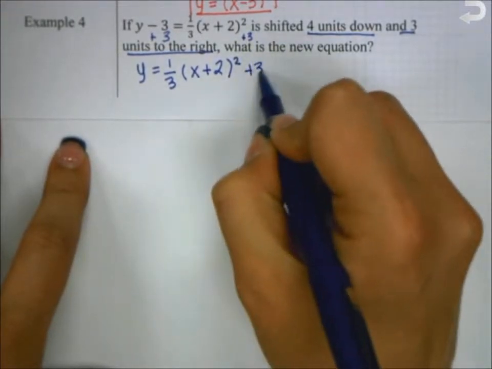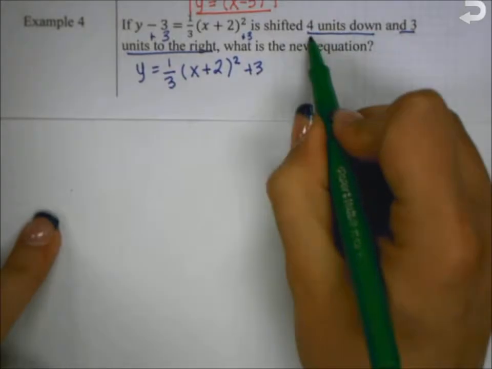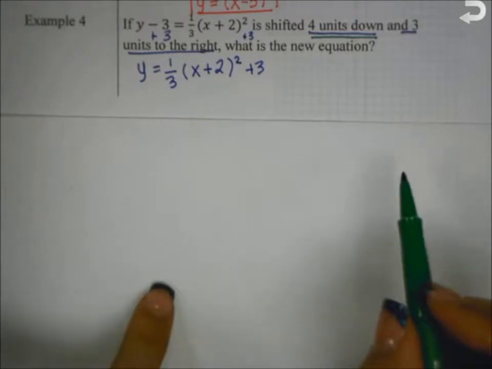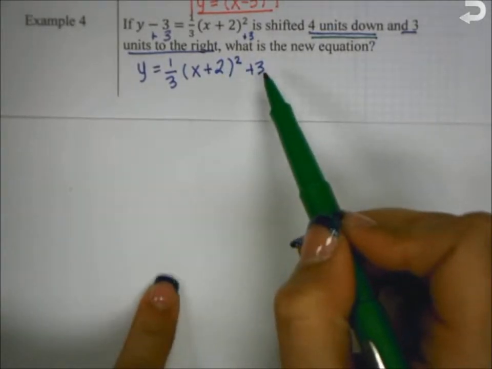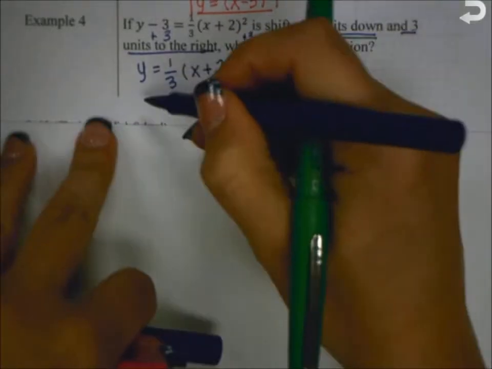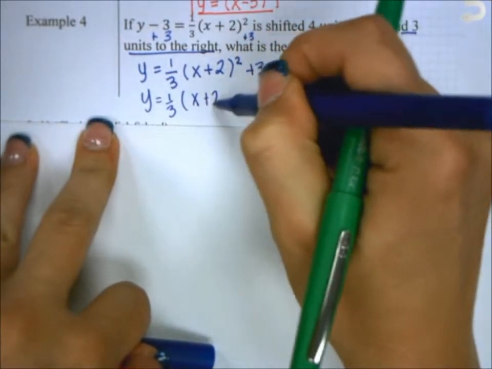Okay, so I want to shift 4 units down. So what am I going to be doing? Subtracting. And am I subtracting inside the parentheses or outside? This time it's outside. So the first thing I'm going to do is rewrite y equals 1/3 times (x plus 2), we don't know the rest of it yet, plus 3.